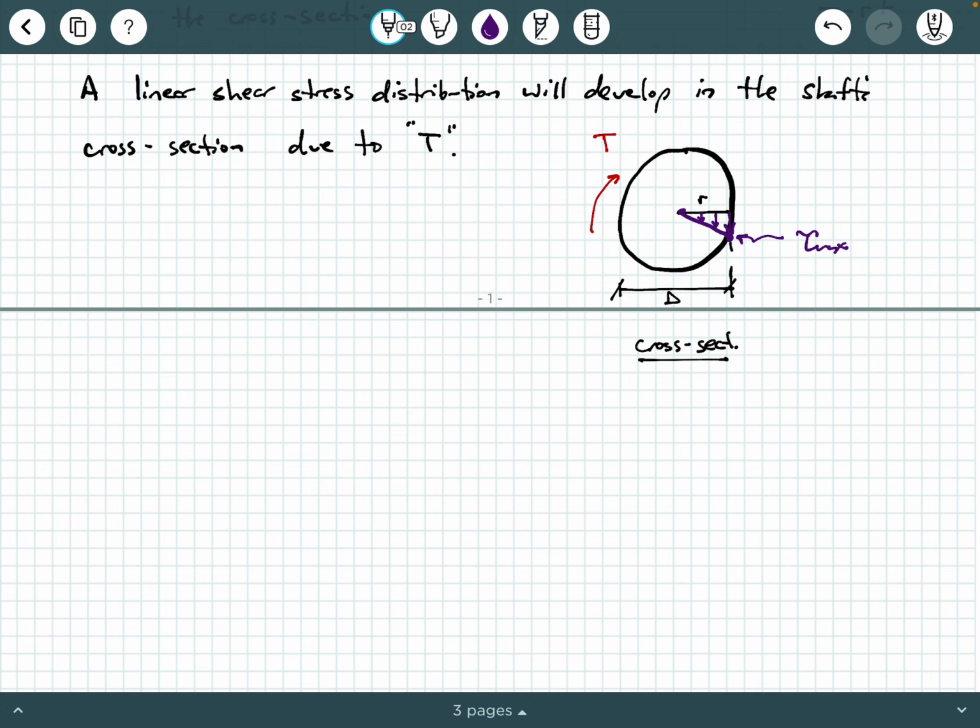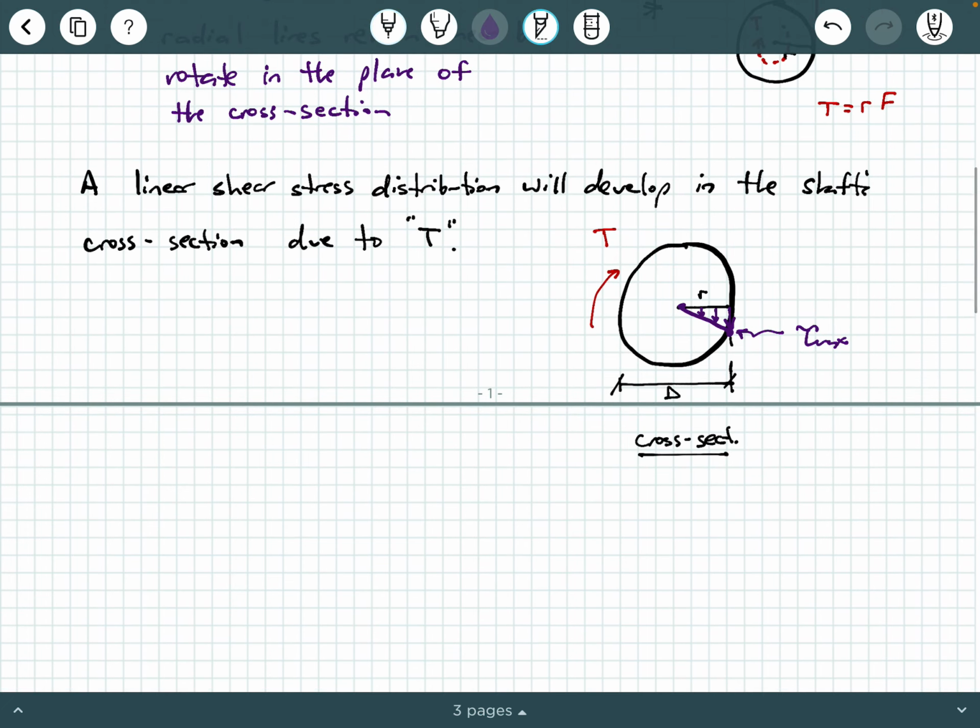Now, when we say linear shear stress distribution, first, remember shear stress means that you have a stress distribution in the plane of the cross section. So this is parallel to the shaft's cross section in 2 dimensions, okay? Linear refers to the fact that your shear stress is 0 at the centroid, or at the center of the shaft, and it linearly increases in magnitude to the shaft's edge. Okay, so this linear distribution here is a linear increase in the magnitude of tau.